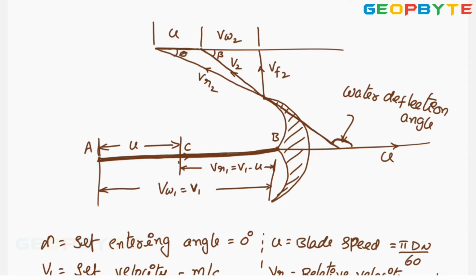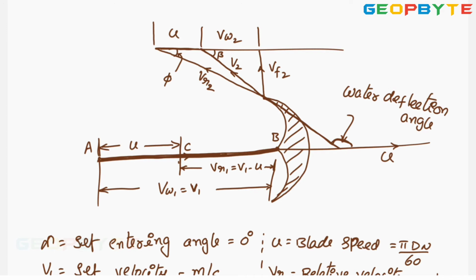This is the blade exit angle denoted by phi. So VR2 equals relative velocity at outlet, and phi equals blade exit angle. That is the outlet triangle.